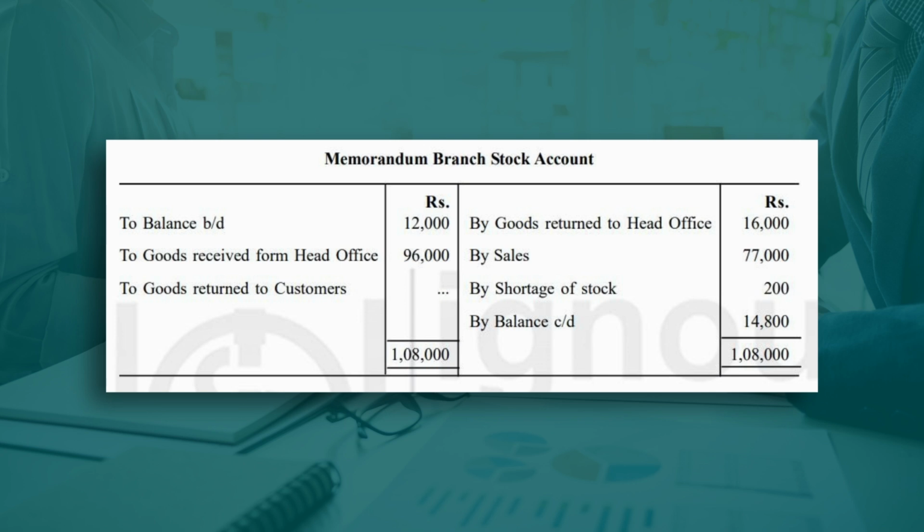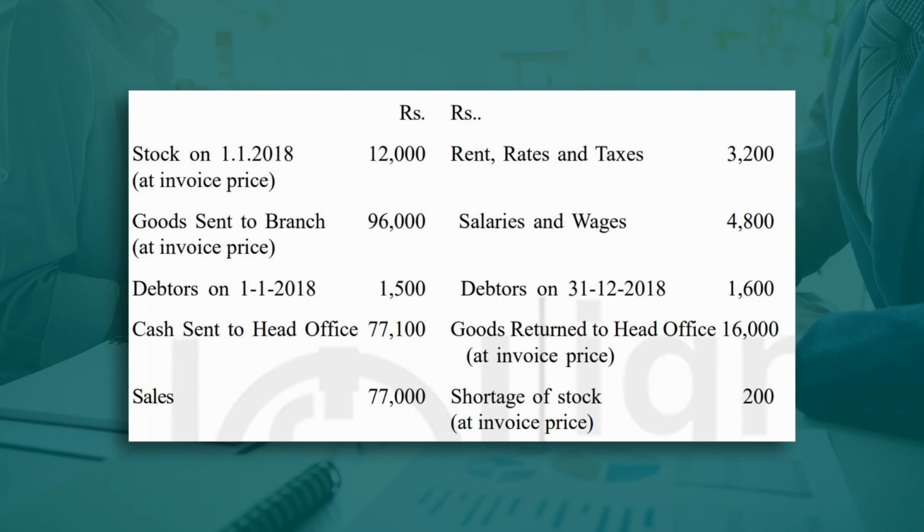Opening stock 12,000 is given, and then to goods received from head office 96,000 is given, then goods returned to the head office 16,000 is also given, by sales 77,000 is also given, check it. Yes, sales 77,000 it is given, by shortage of stock 200. This is also given, shortage of stock at invoice price 200.